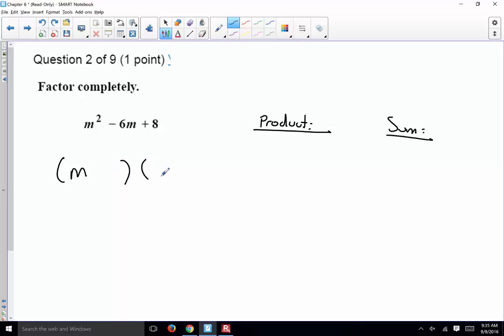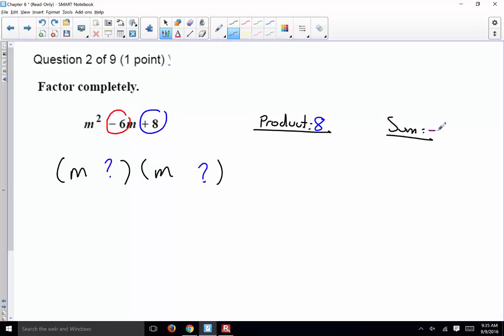Their product will be what number? Two numbers here. Their product will be 8. Yeah, it's this number. And the sum will be this number.